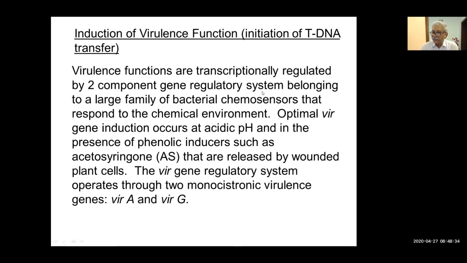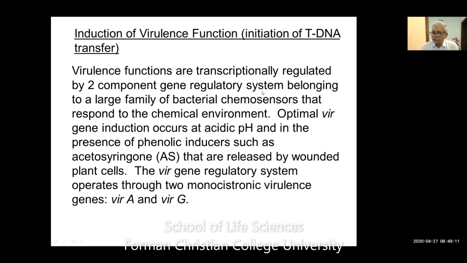So when there is damage, a vacuole gets broken down, releasing all those phenolic compounds and resulting in an acidic pH in the environment of that damage. These are the two triggering events for the infection of Agrobacterium: a decrease in pH and the release of nasty compounds like phenolic compounds. And one of those compounds is acetosyringone.